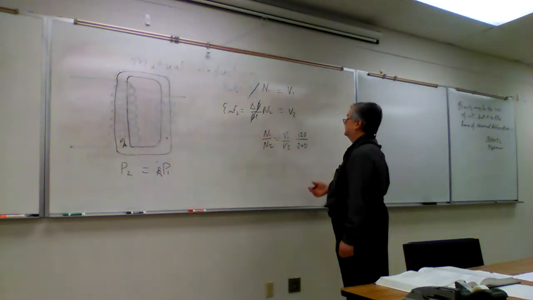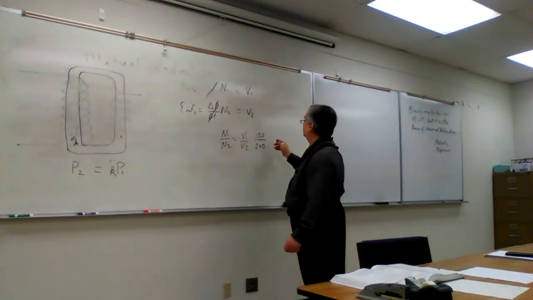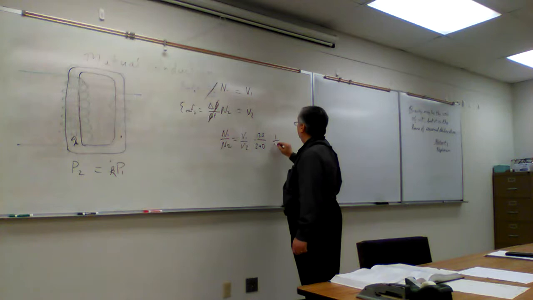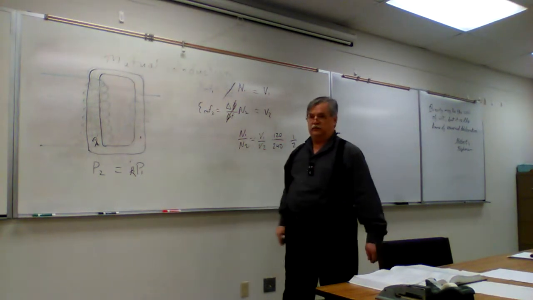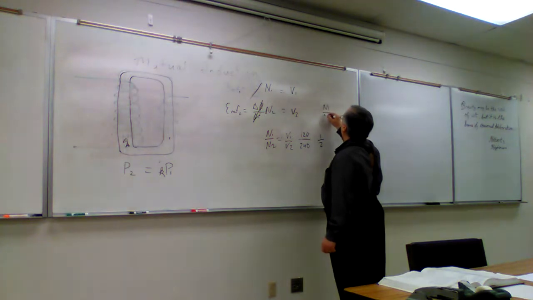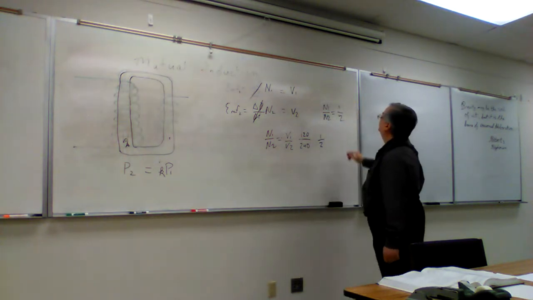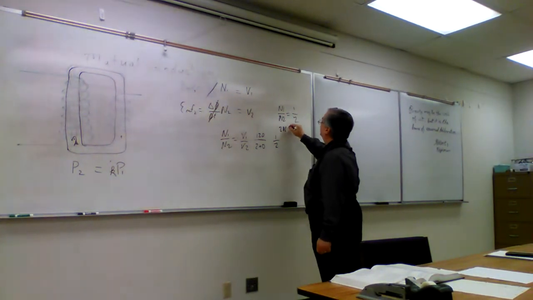That gives you the same ratio, 1 over 2. So you need an N1 to N2 of 1 over 2. So 2 times N1 must equal N2.